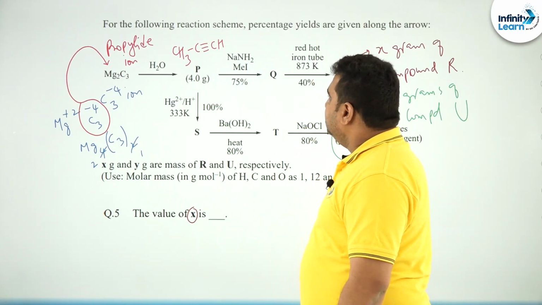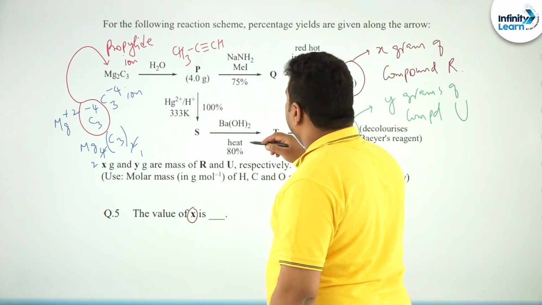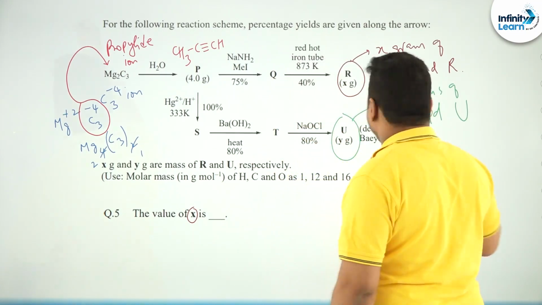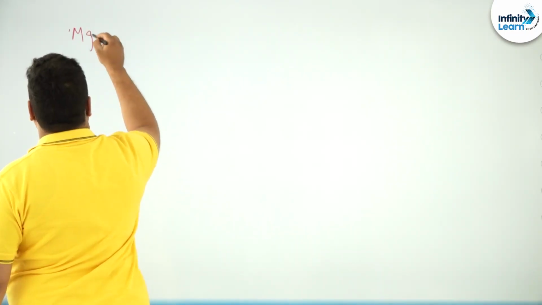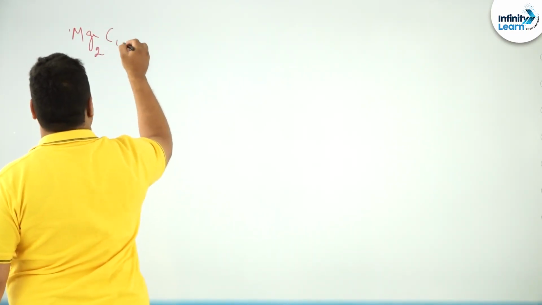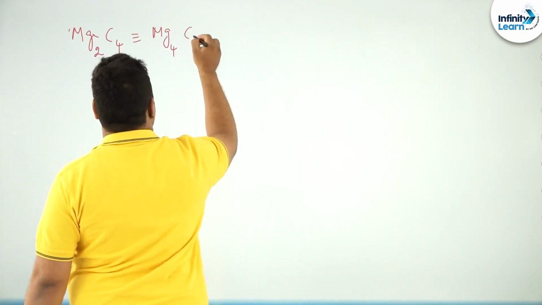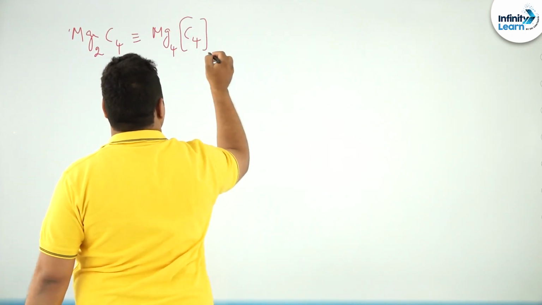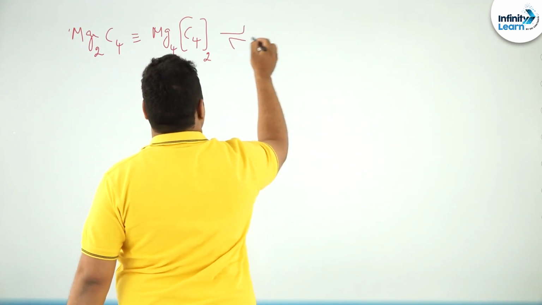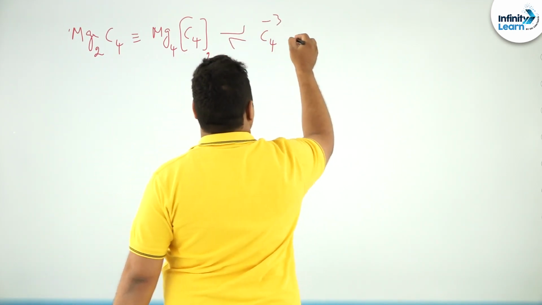Okay. Then if you treat this with, shall I show you separately? Mg2C4 is nothing but equal to what? Mg4C4 taken 2 times, actually. So, this on ionization will give you C4 minus 3 ion.